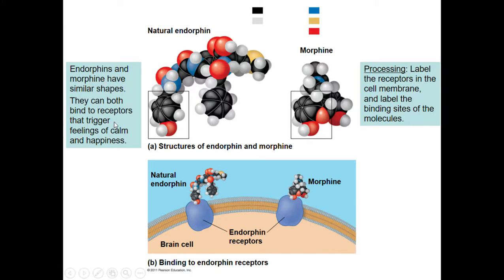They can both bind to receptors that trigger feelings of calm and happiness. And over here, what I want us to do is label the receptors in the cell membrane, and label the binding sites on the molecules. If you're not quite sure where this is, just take a guess, write it in pencil, and then we're going to be going over our processing pieces in class.